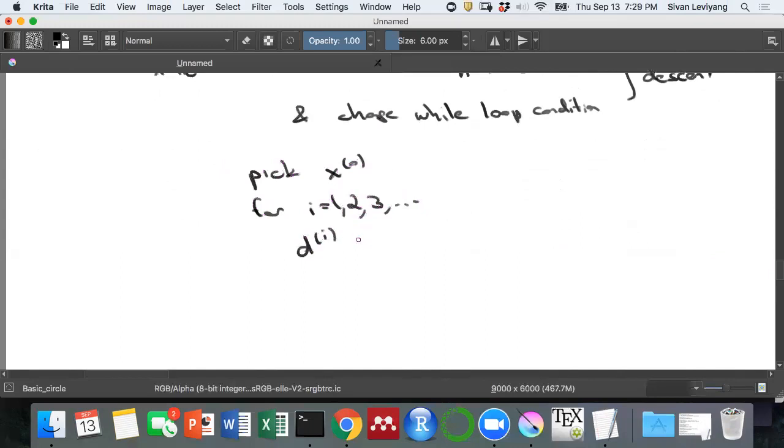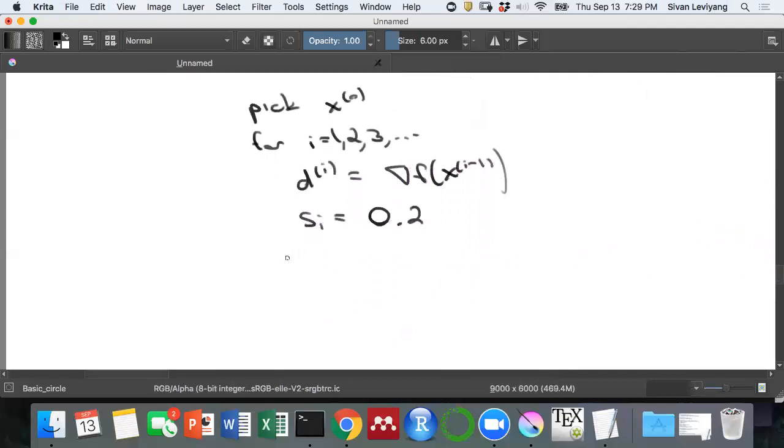So what happens if I do this? Let's imagine I'm doing my fixed step size. What happens if I don't normalize the gradient?